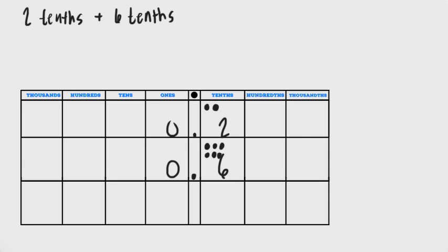When we look at that, we can combine them and notice, how many would we have? Well, you simply count them and you would have 8, right? So our answer now becomes 8/10. If we're adding them, now we have our standard way of writing it.